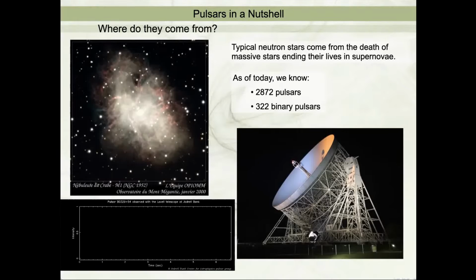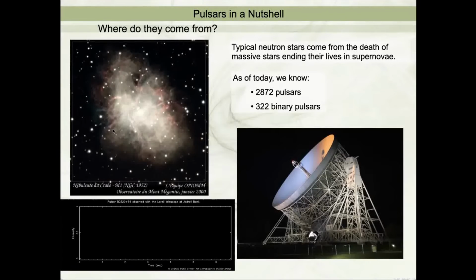And this is the leftover of a massive star, which was about 8 to 10 times bigger than the sun at birth, and lived, became a supergiant, and exploded in a supernova. When it exploded, it shed away most of its mass. So the envelope of the star was pushed away and formed this nebula.